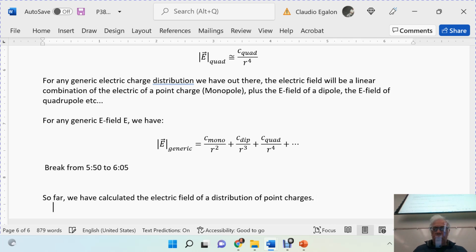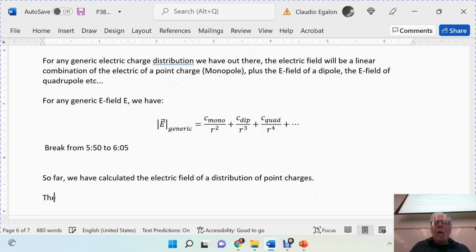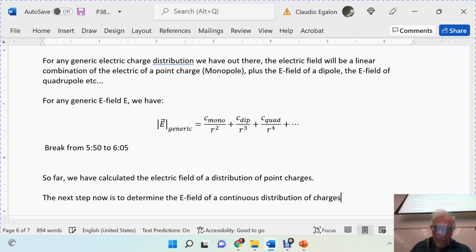Okay. The next step now is to determine the E field of a continuous distribution of charges. Not point charges, but a finite distribution of charges.